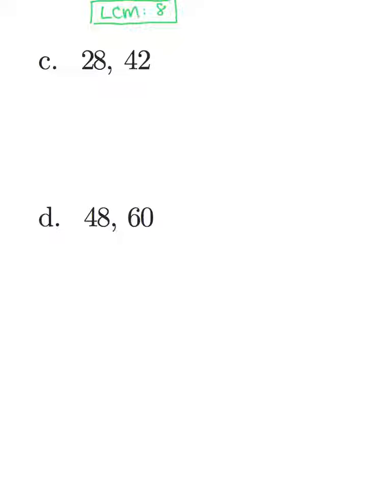So let's go ahead and list out multiples for 28. 28 times 1 is 28. 28 times 2 is 56. 28 times 3 is 84. 28 times 4 is 112. 28 times 5 is 140. 28 times 6 is 168. This list goes on forever and ever. Hopefully this is enough for now.